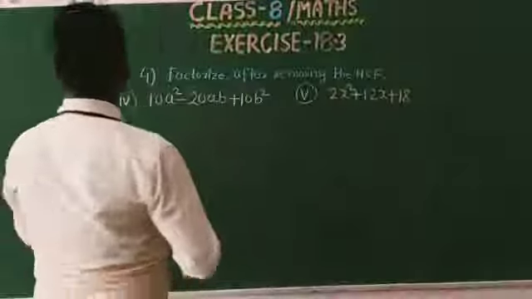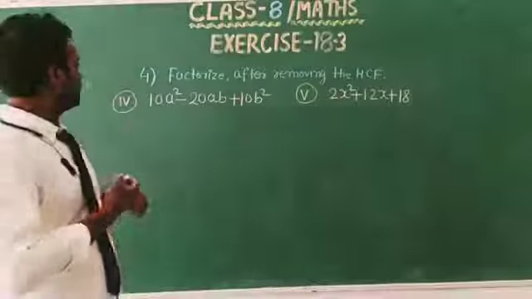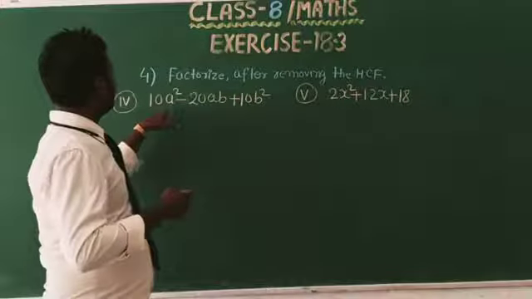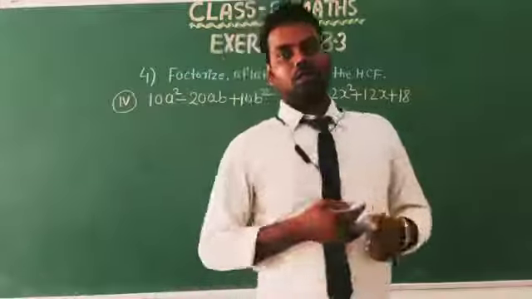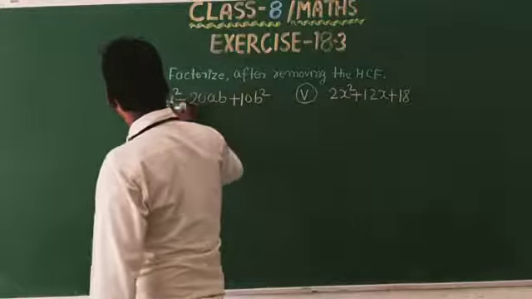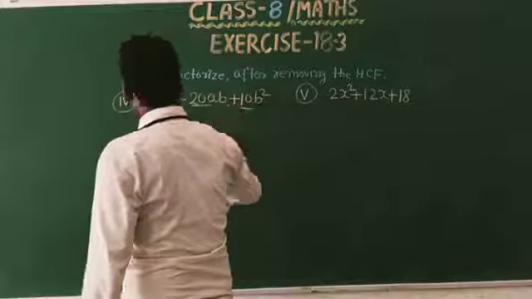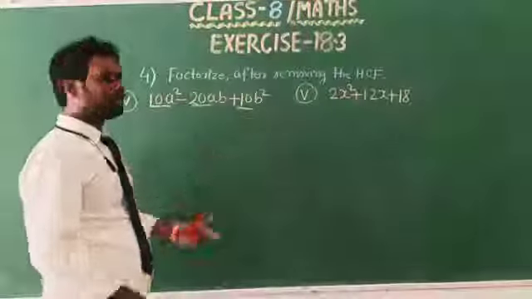This is the fourth part of question number 4. 10a square minus 20ab plus 10b square. Here we have 10 common in all three terms.